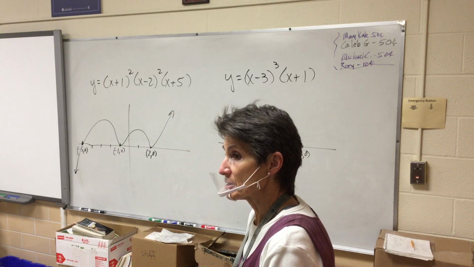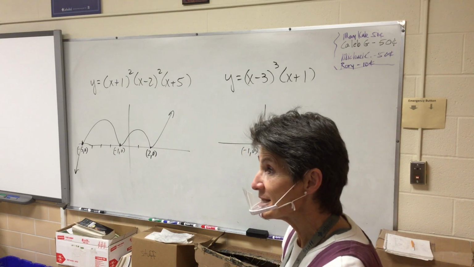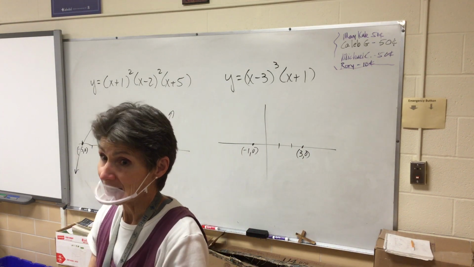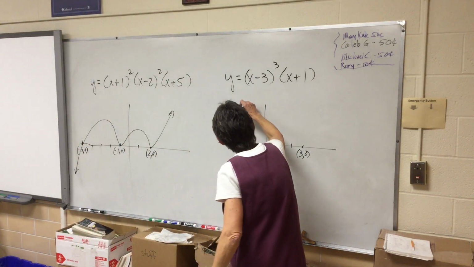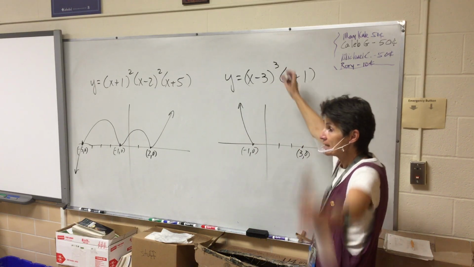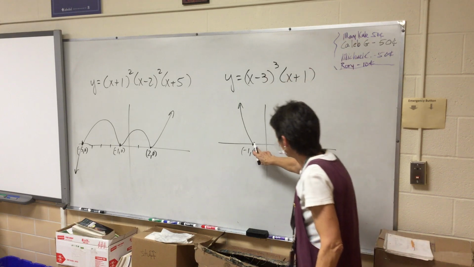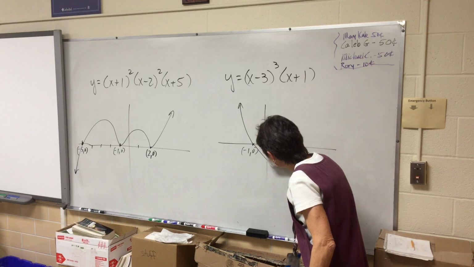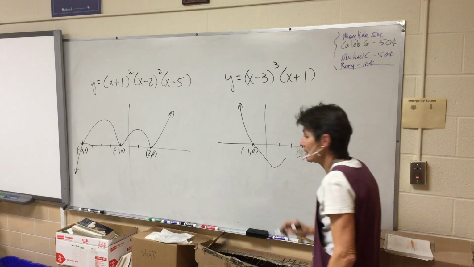But how many x's do I have altogether? 4. Now 4 is even. Even acts like a parabola, x squared, so it's up, up. So this is going to start up here because it's x to the 4th, and evens are up, up. Now, when I hit that point, it came from here. Aren't I just going to go right through? And I got to turn around and come back up, right?